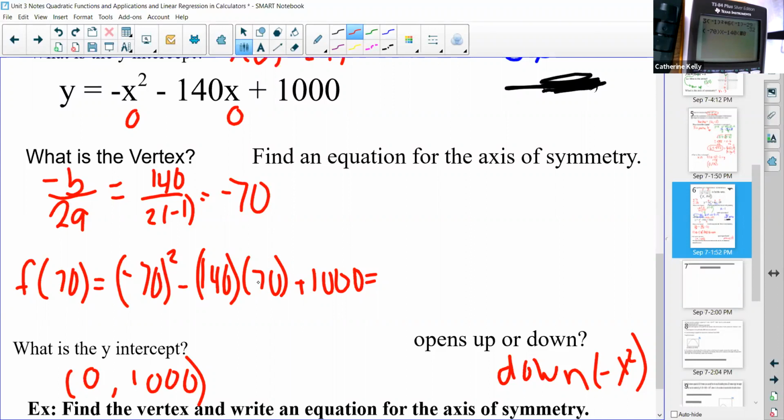It's negative 70 though, so times negative 70. Put that negative sign in there because that matters. And then plus 1000. And we get that number. Wow, that's insane.